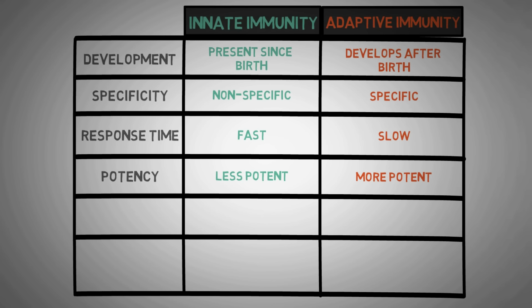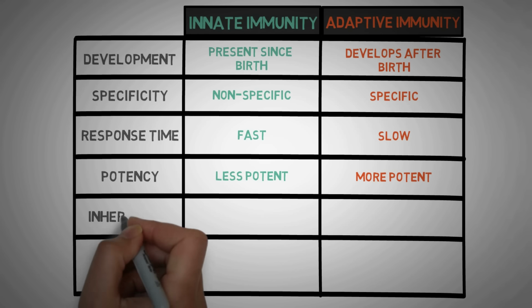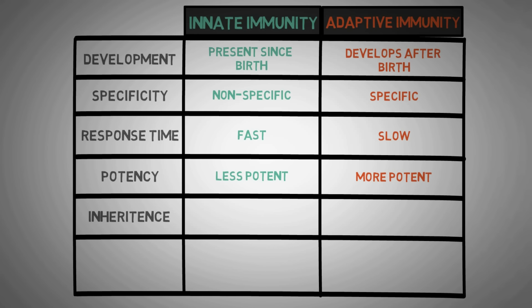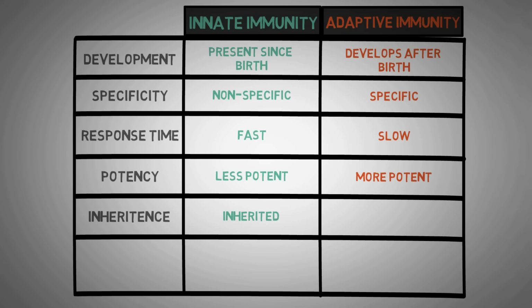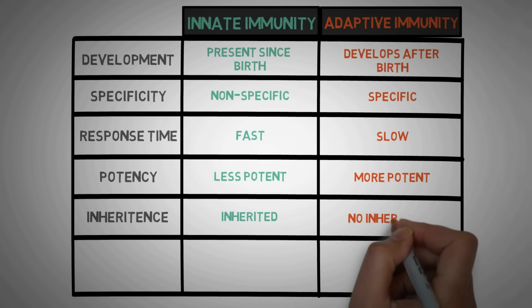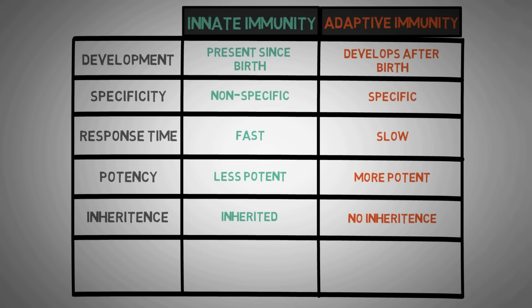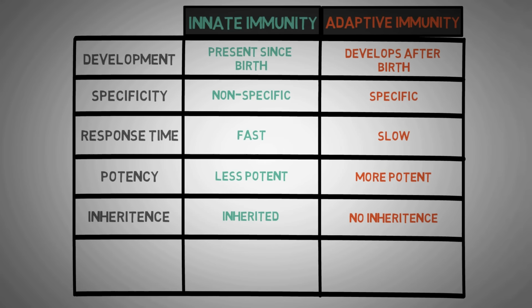One important difference between the innate and the adaptive immune system is that the innate type of immunity is generally inherited from parents and passed off to the offsprings, while the adaptive immunity is not passed from the parents to the offspring, hence it cannot be inherited.